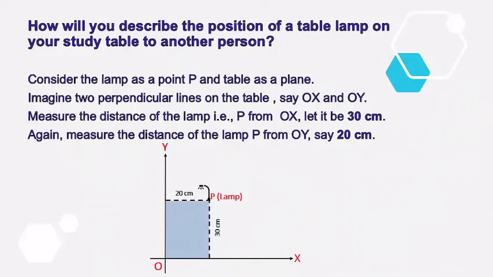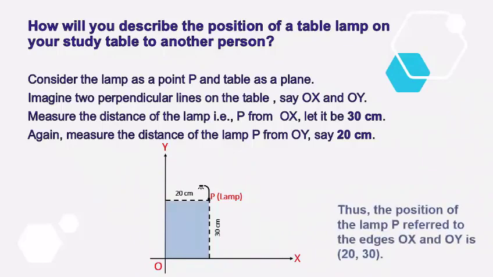We have to write 20 and 30 in a bracket. The horizontal distance we write first and the vertical distance second. Thus, the position of the lamp P referred to the edges OX and OY is (20, 30).